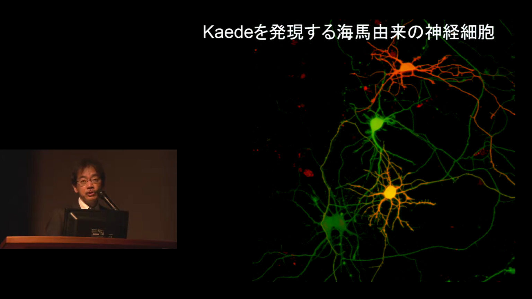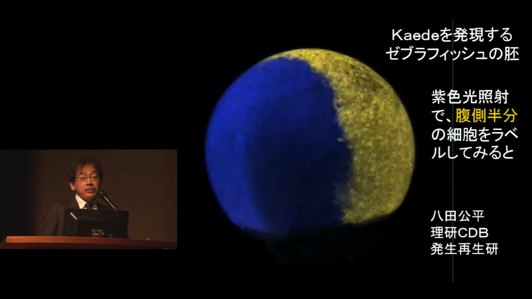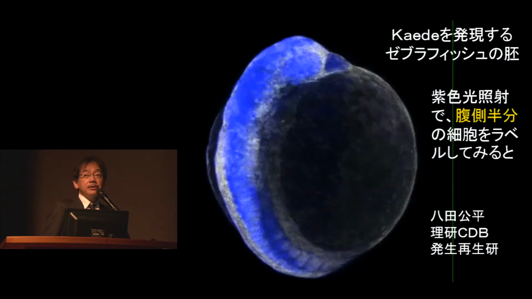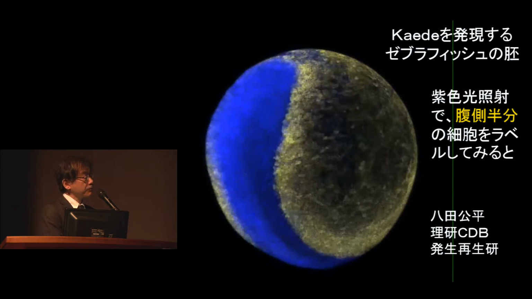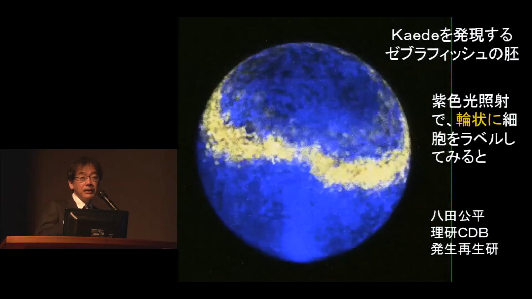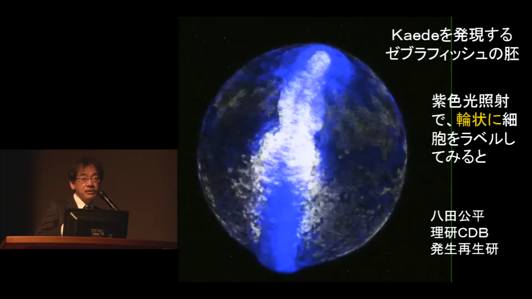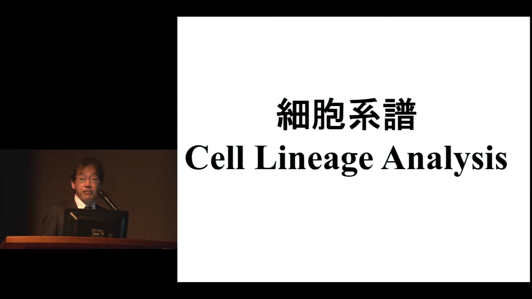So then we enjoyed autumn colors on the petri dish. Okay. And Dr. Hatta at Kobe CDB generated kaede transgenic zebrafish, and he optically labeled cell populations and followed them during embryogenesis to perform cell lineage analysis. Okay.